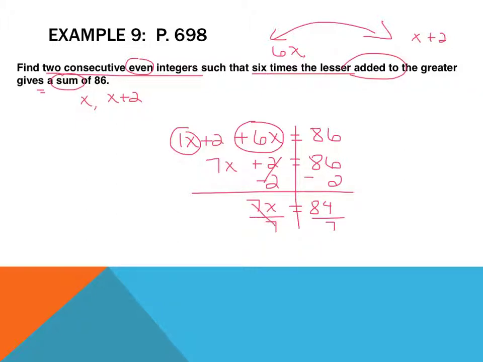Divide by 7. X equals 12. And again, I want both of the integers, so if 12 is the smaller one, then the next even integer is 2 more than that, which is 14.